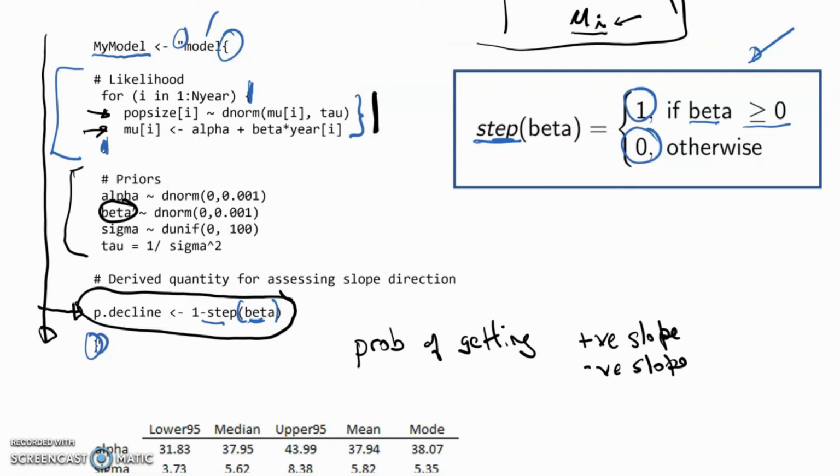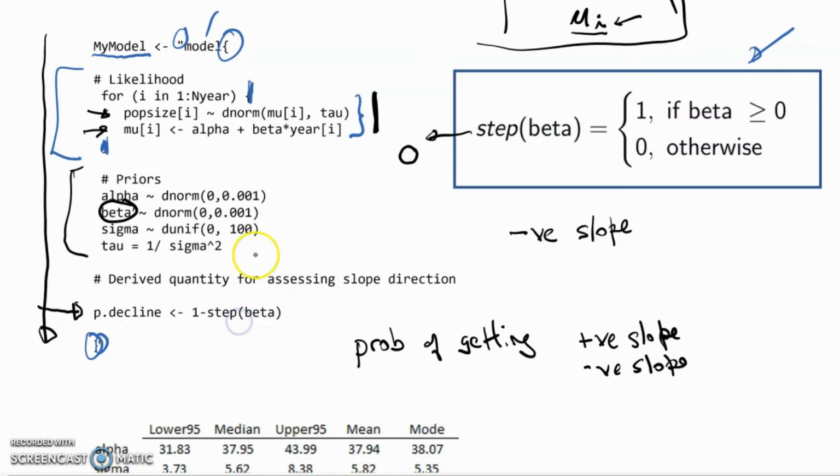So let's think about what's going to happen if we've got a negative slope, then step beta is going to be 0, and 1 minus step beta is going to be 1.